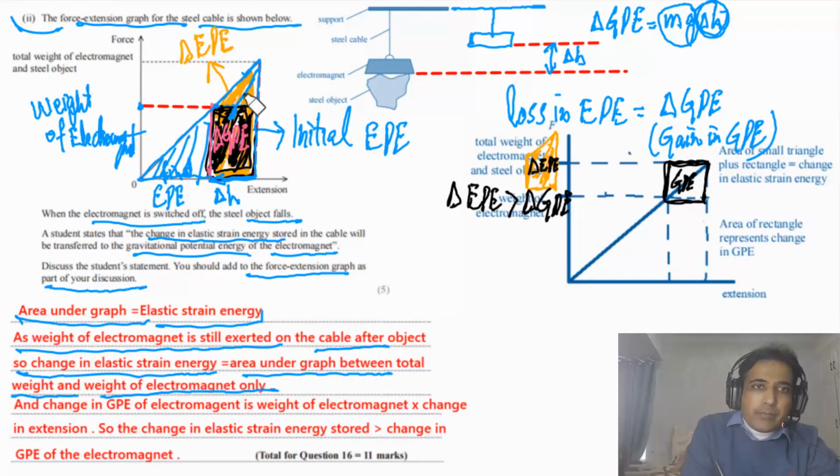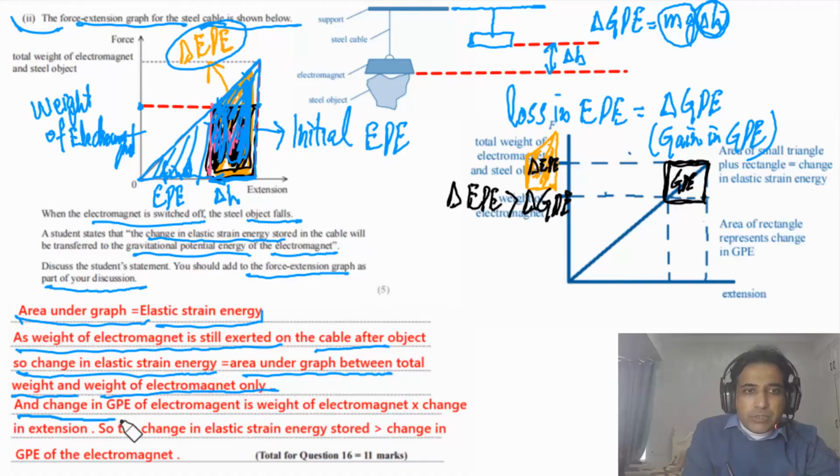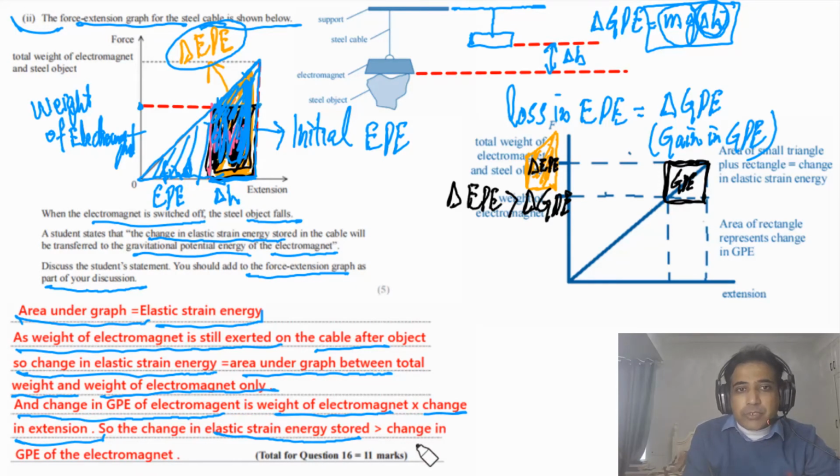This is equal to the change in EPE we have already discussed. And the change in GPE of the electromagnet is the weight of the electromagnet times the change in extension. So the change in elastic strain energy is greater than the change in GPE of the electromagnet. We have discussed that point here.